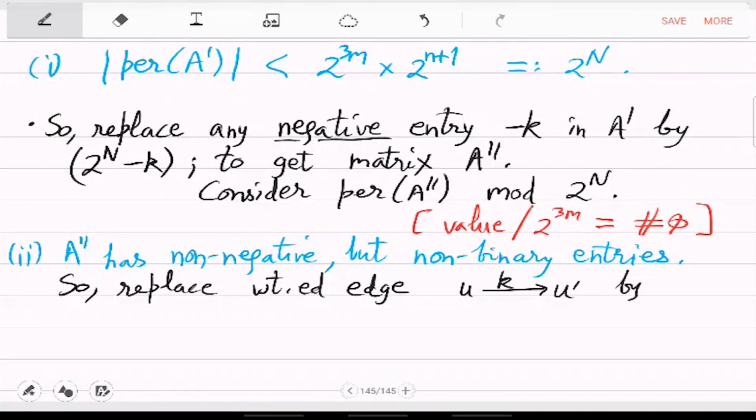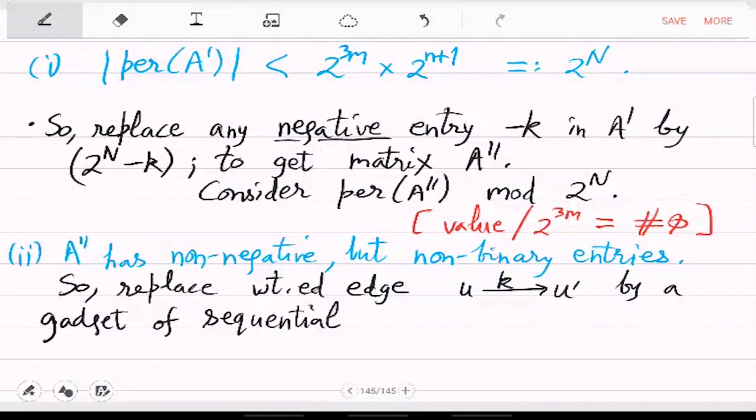So by a gadget of sequential and parallel weight 2 paths.